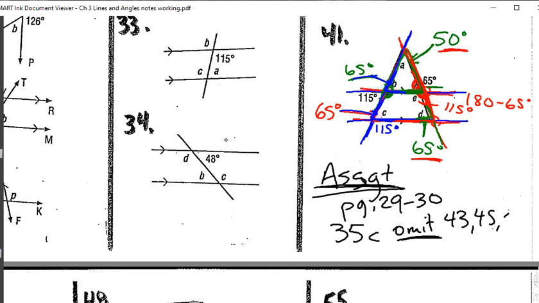They're just using concepts that we don't need. 43, 45, 46, 49, 52, and 62. Those can be omitted, but you need to practice this. They get ugly, but they're still manageable if you practice. Have fun.